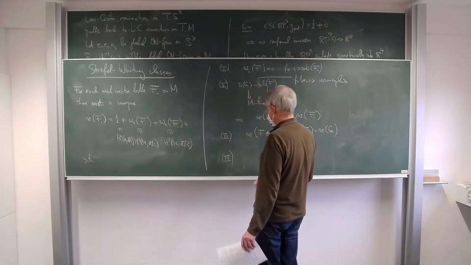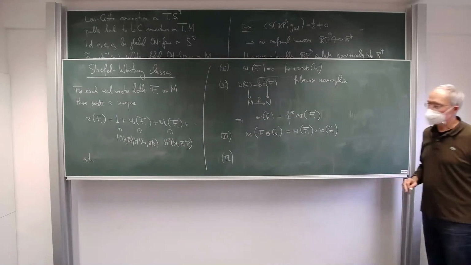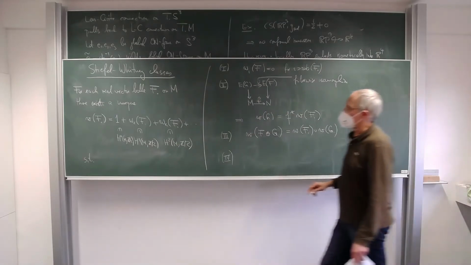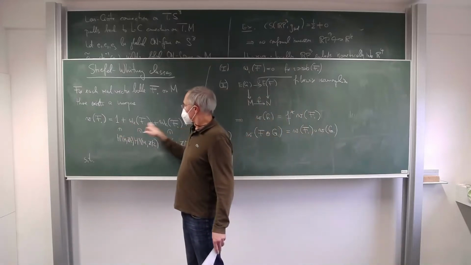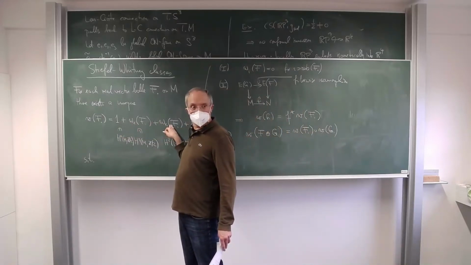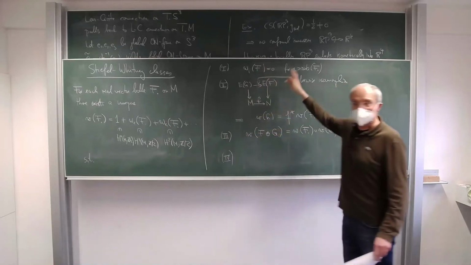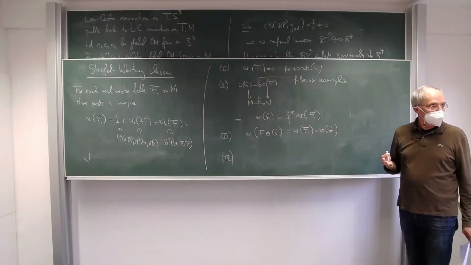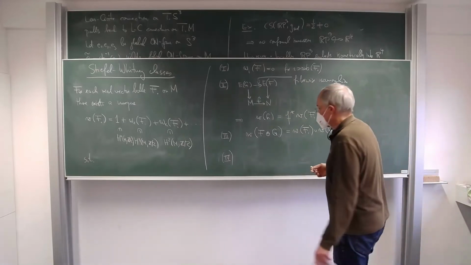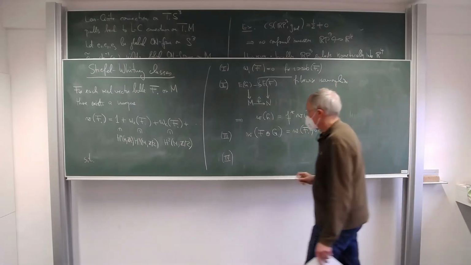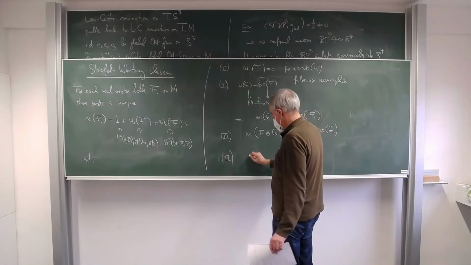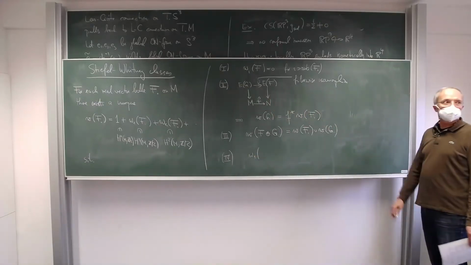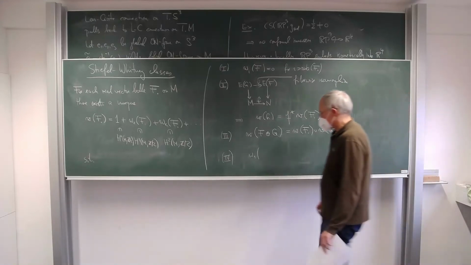is that these 3 conditions would still be satisfied if I simply defined the Stiefel-Whitney class to be 1, and put all these W's equal to 0. That would still satisfy all these conditions. So we have to have one condition which makes the whole theory non-trivial. And so I have to demand that W1 should be non-trivial, at least on one bundle. And in fact, that's what I'm doing.